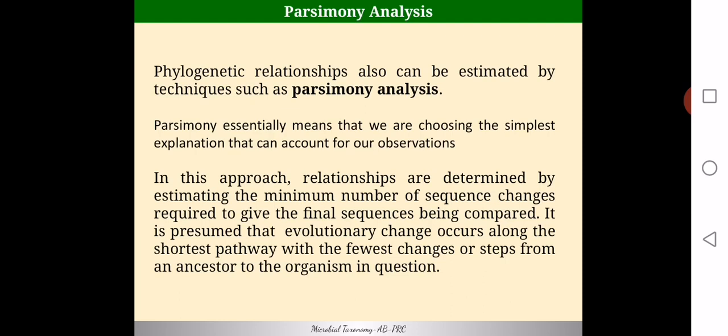So in parsimony analysis, it is presumed that evolutionary change occurs along the shortest pathway with the fewest changes, right? So there will be certain particular changes which ultimately help in the conversion of organism A to organism B. So that will be analyzed. So that will be taken into consideration in the case of parsimony analysis, right? So this kind of analysis is called parsimony analysis. This is actually a part of phylogenetic discussion.